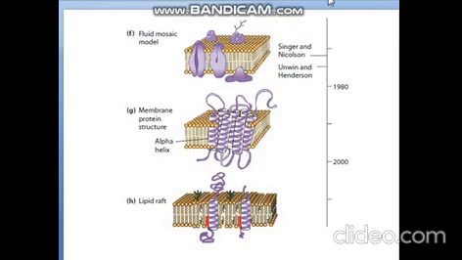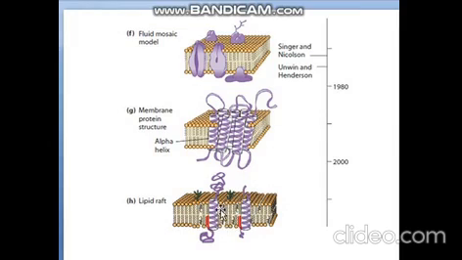Then in the 1980s, membrane protein structures were discovered, showing that there are tunnels and hydrophilic channels, so even if it is a lipid bilayer, hydrophilic things can still move in and out of the cell without any problem because of these hydrophilic channels, right? And then currently, lipid raft means a particular area having a particular thing.